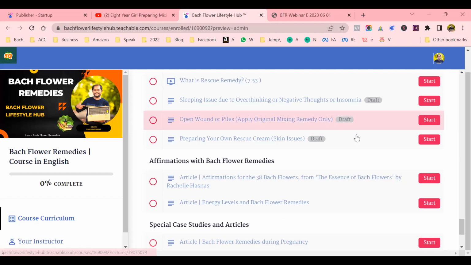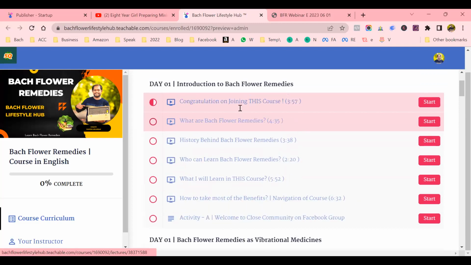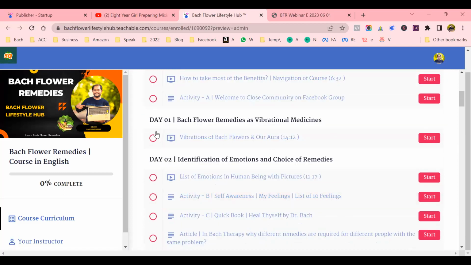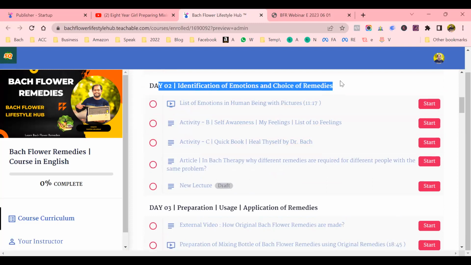This is the format of the course. You can see on my screen the curriculum, with the segregation: introduction to the remedies, then Bach remedies and vibrational medicines and how they work, identification of emotions, and choice of remedies, how we can do that. There are certain activities we have put in so that you will learn it very fast.